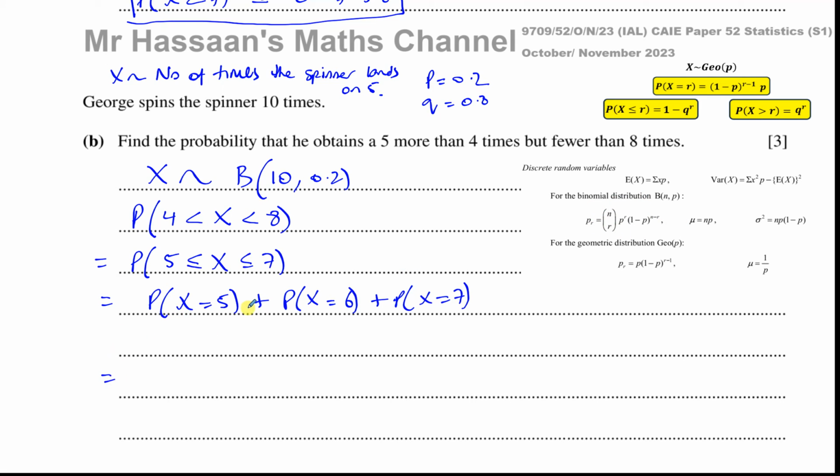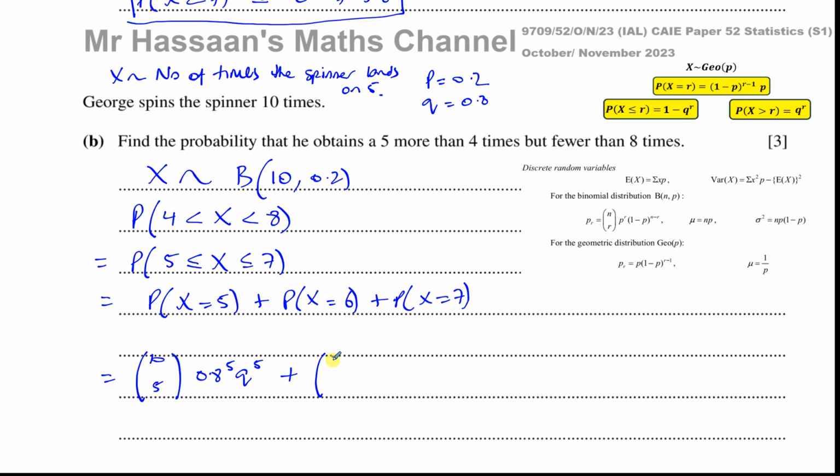So here we're going to find the probability that it lands on a 5. Now we're going to have nCr, this is like the combinations button. nCr, n is the number of throws. So you have 10C5, and you have p, which is the success, 0.2 to the power of 5, times the failure, which is q, 0.8 to the power of 5, because they have to add up to 10. It's kind of like binomial expansion.